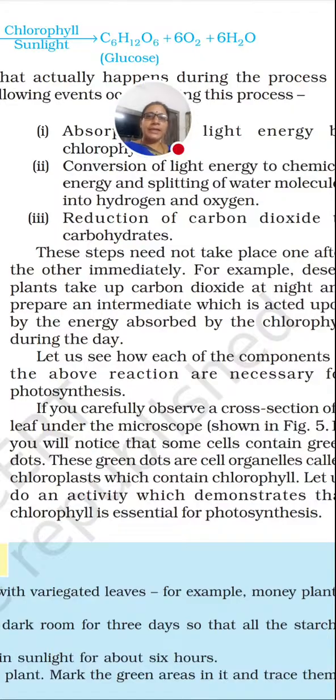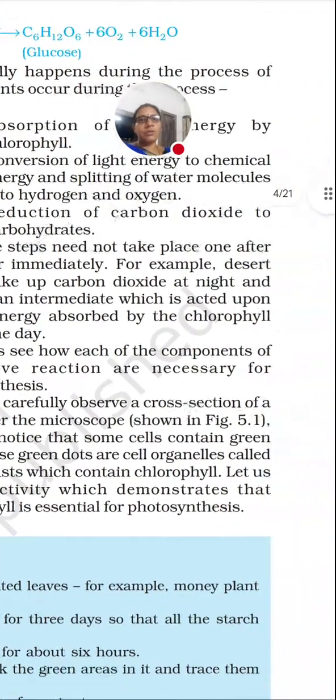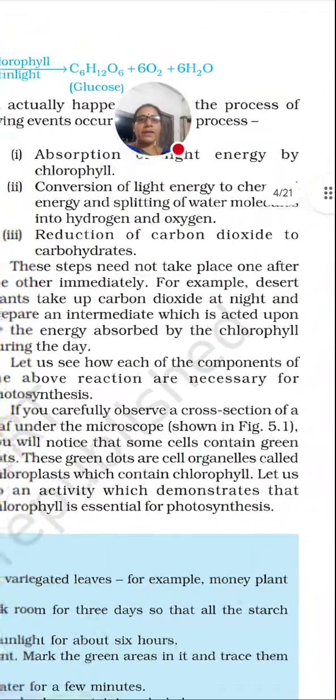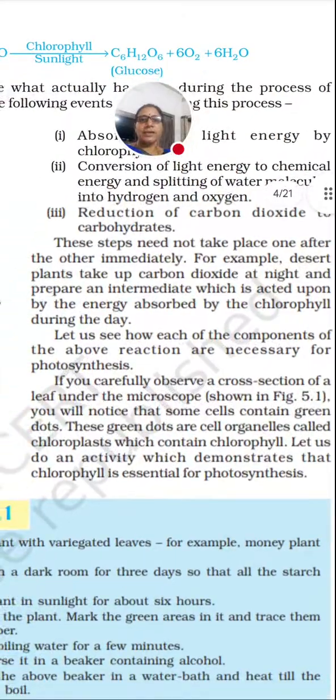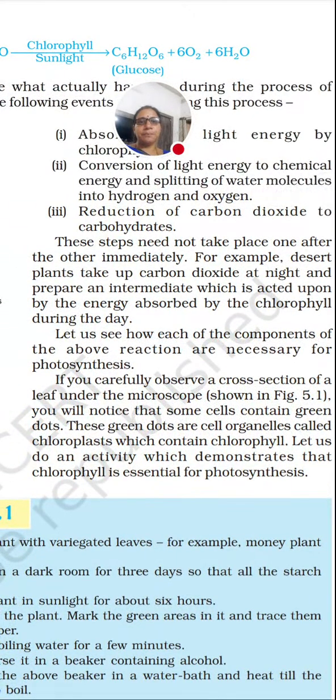To avoid that, they keep their stomata closed during the day. Thus, the maximum carbon dioxide is taken during night only. So those who are attending can mark out this paragraph: why desert plants take carbon dioxide mostly at night.